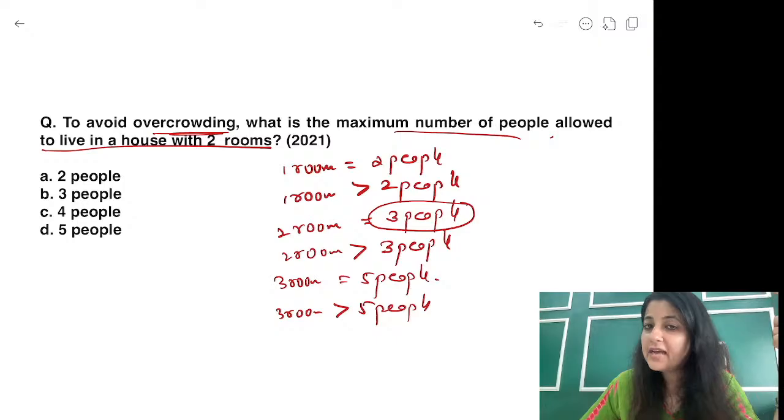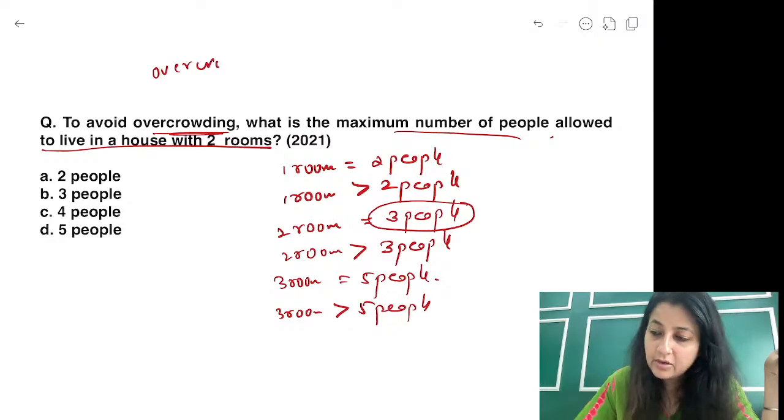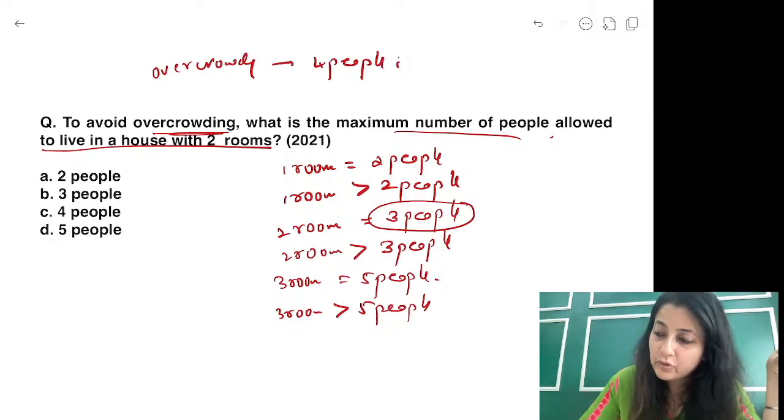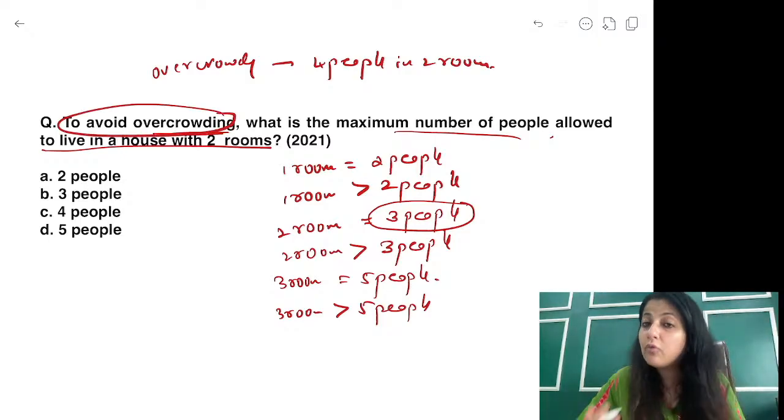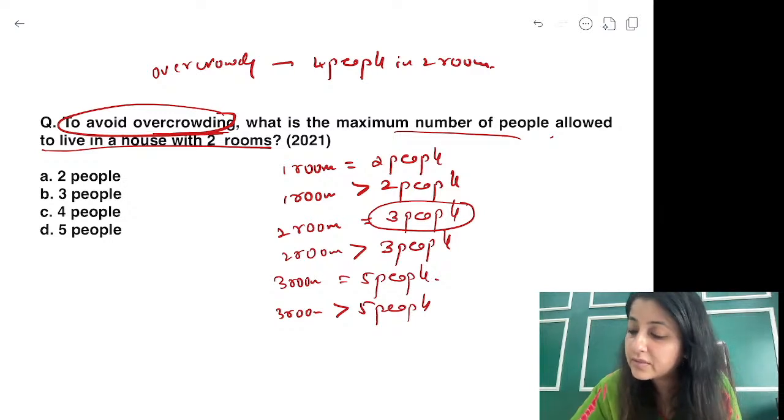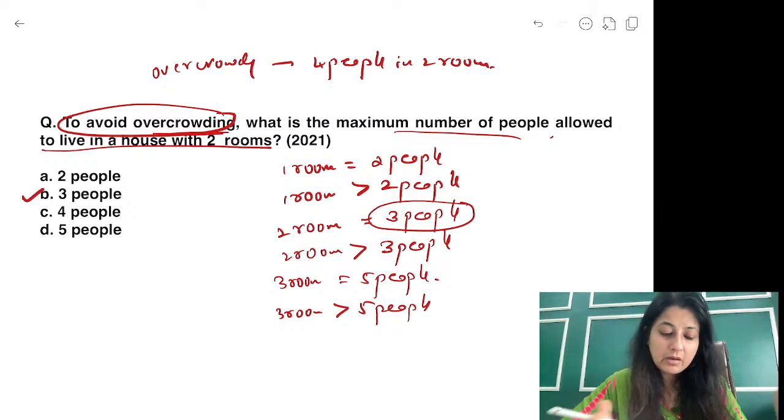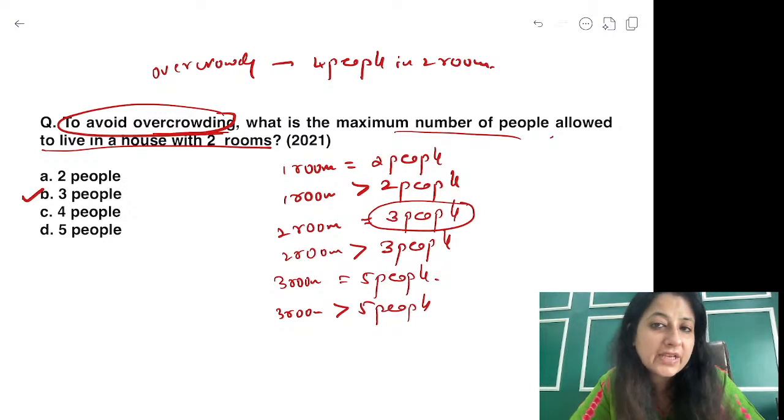If I asked you what is overcrowding, in 2 rooms it would have been 4 people. But now I'm asking you the question, I want to avoid overcrowding. So the maximum number of people who can live in a house with 2 rooms is 3 people.